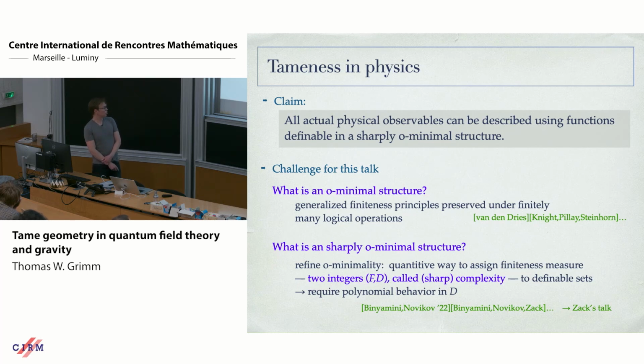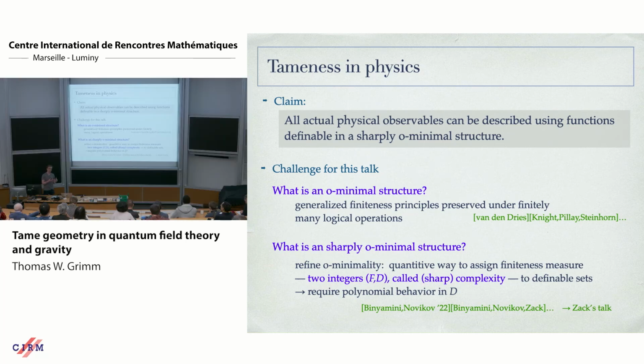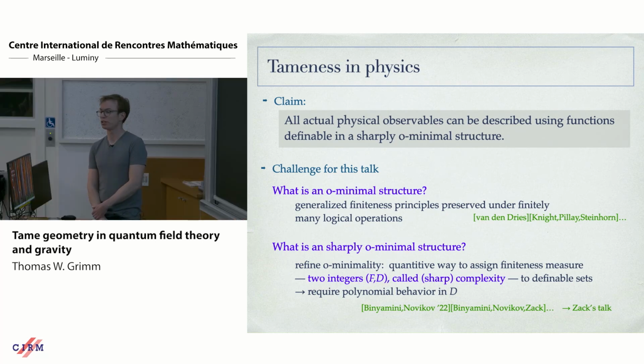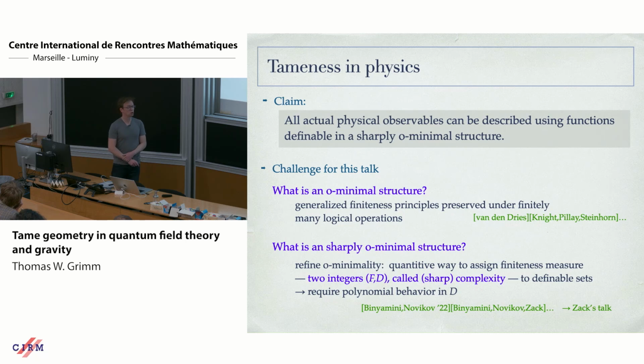So what is a sharply o-minimal structure? It essentially endows the idea of having just a finiteness property with something quantitative, namely associating numbers to these sets, okay? Or a collection of numbers, namely two integers, F and D, which in the following I will call complexity for short.